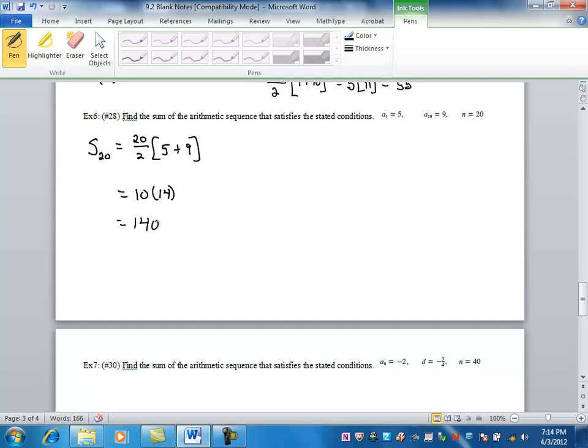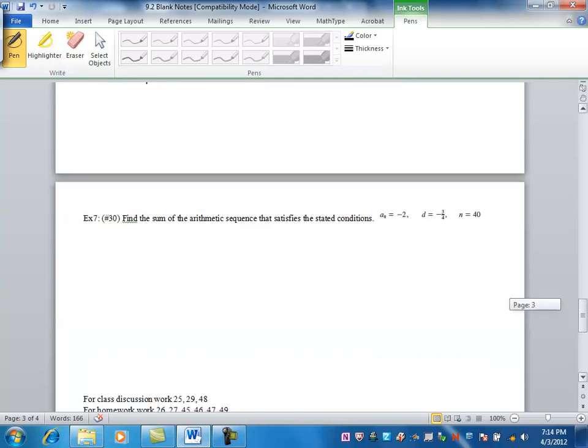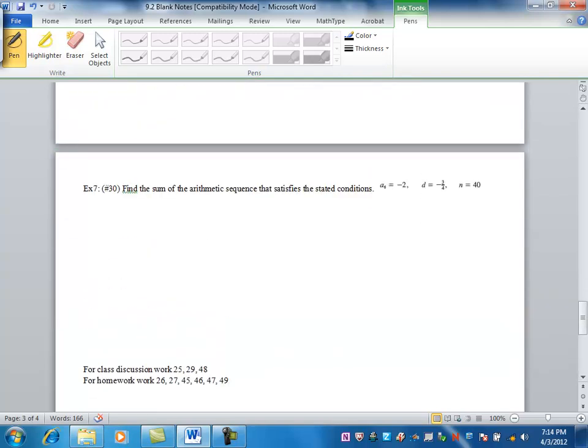Now, if we look here at our last example in this section, find the sum of the arithmetic sequence that satisfies the stated conditions. Our sixth term is -2, our difference is -3/4, and we've got 40 terms. First of all, we don't know our first term here, so we're going to need to find that.